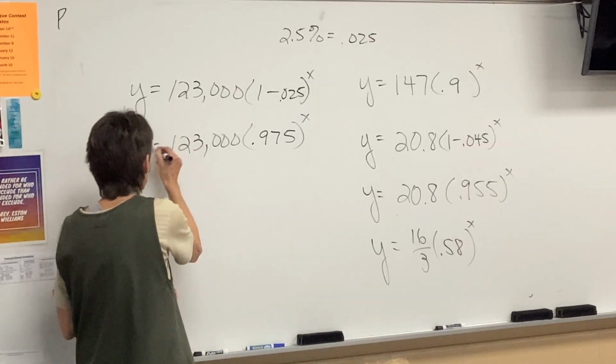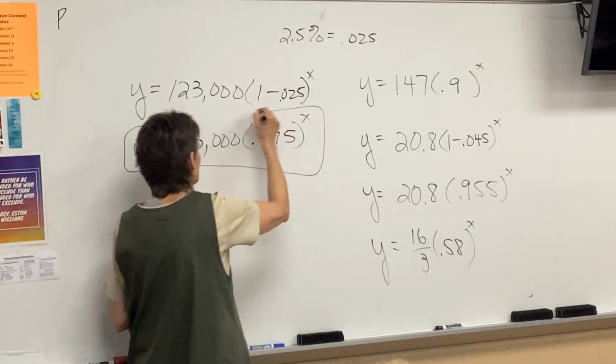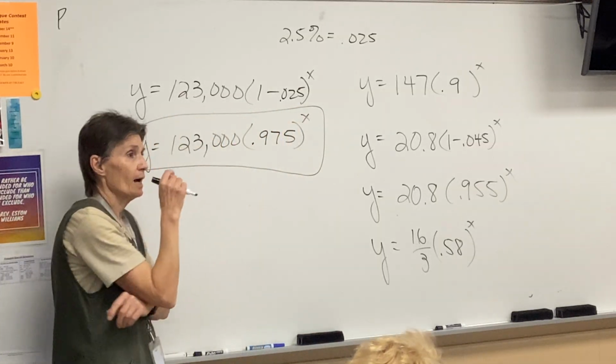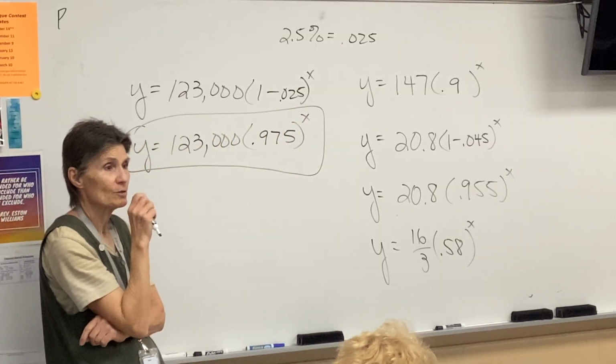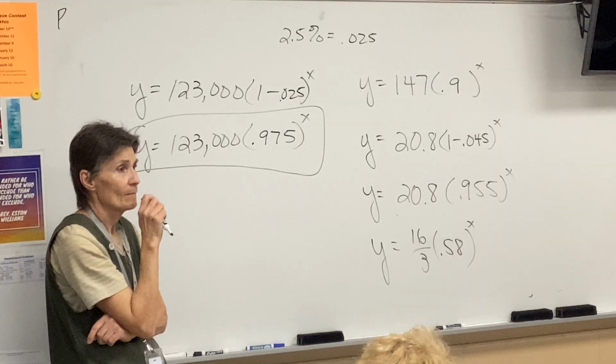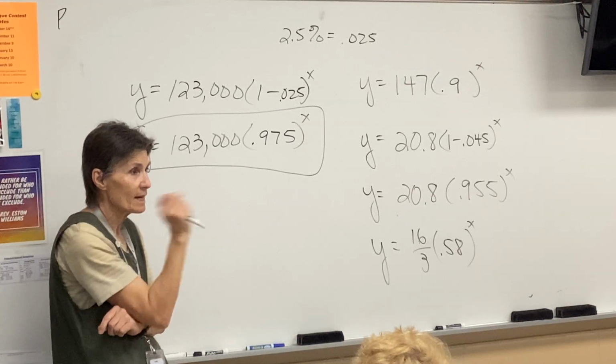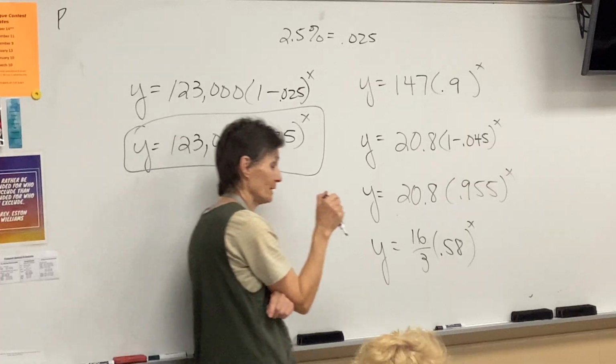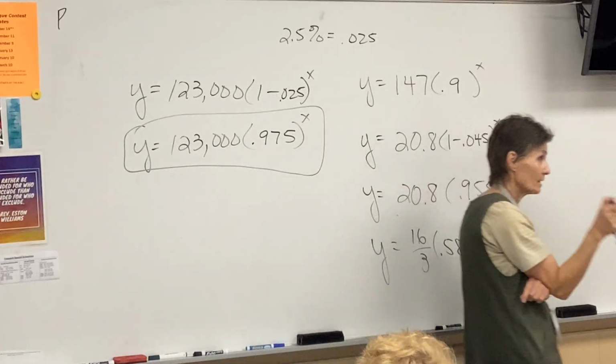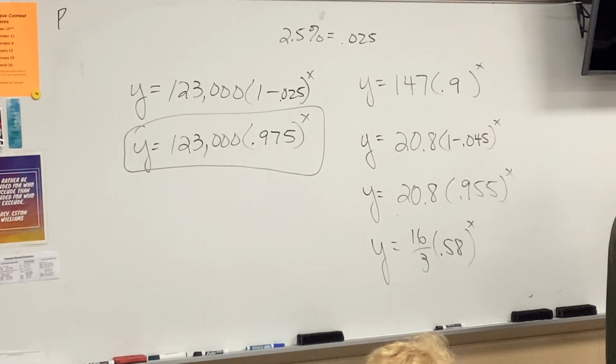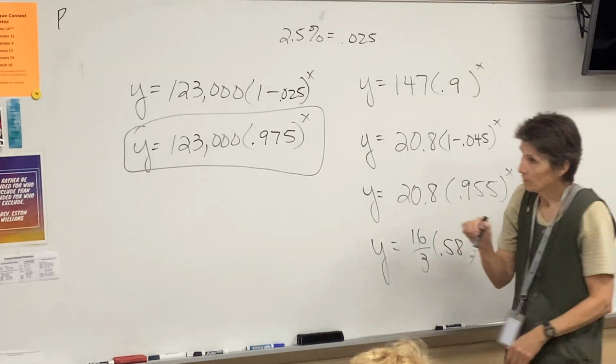So here's the equation you're gonna use. Any idea how we'll find the population in 2010? Plug in 10 for X. And why am I plugging in 10 for X? Because my problem started in the year 2000. So how long did I wait? 10 years. So I'm gonna put a 10 right there.